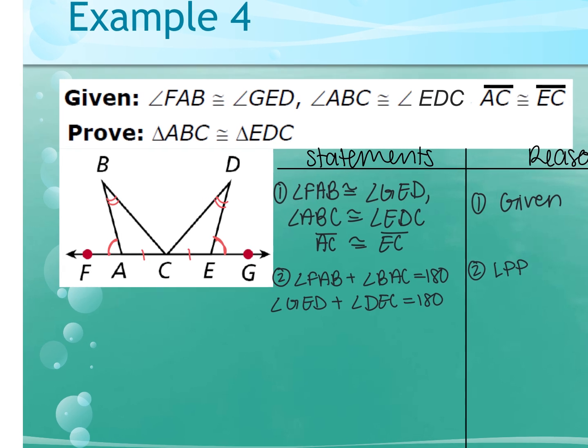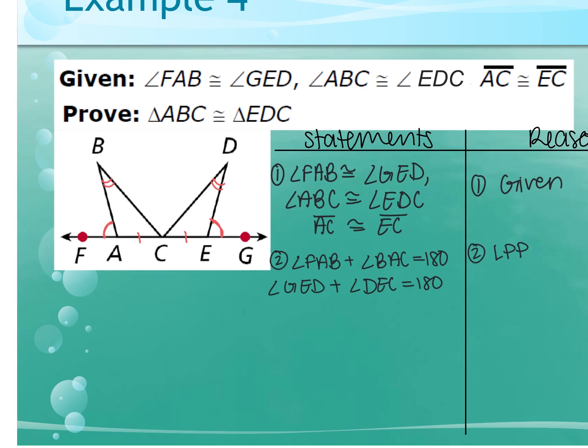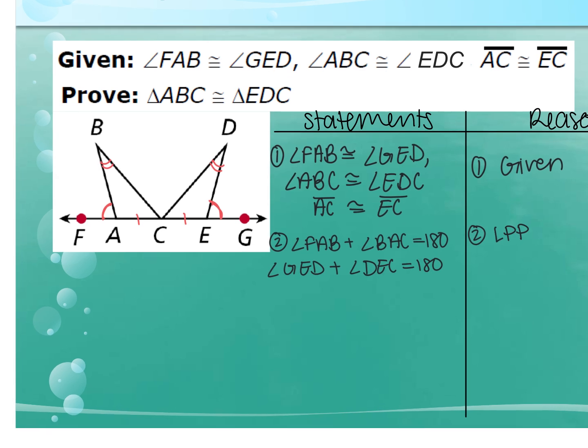Now, because they're both equal to 180, I can go ahead and set both of those expressions equal to each other. So for step 3, I'm going to write angle FAB plus angle BAC is congruent to angle GED plus angle DEC. And all I did for 3 is substitute.